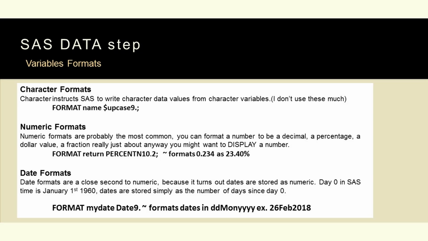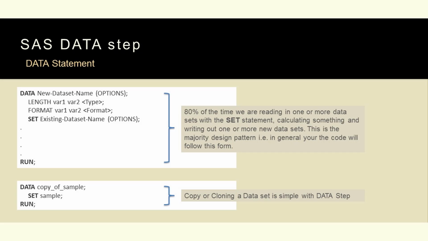So format date9. Date9., and you have to go look up in the doc which of these formats gives what the actual result will be, but it'll format things in the DDMONYYYY form. So date9. will format the 26th of February 2018. You'll also note that 9, if you count up the characters, 26FEB2018, is 9, and that tells it how long the format is. And you'll see that over and over and over again.